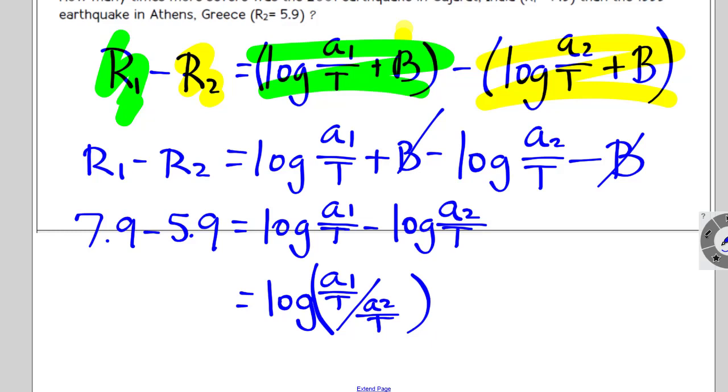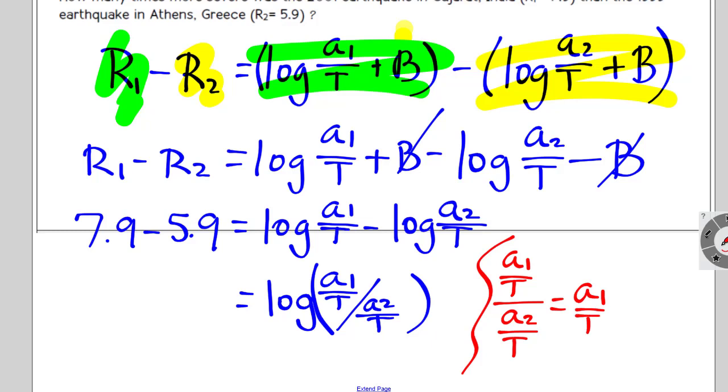And if I were to reduce this, let me do an aside here. A1 over T divided by A2 over T equals A1 over T times T over A2. When I'm dividing by a fraction, it's the same thing as multiplying by the reciprocal of the denominator.